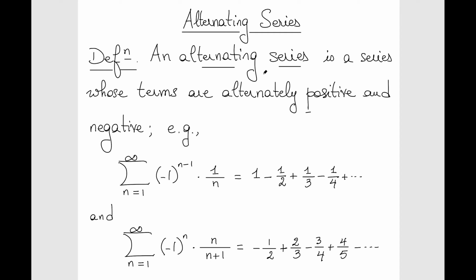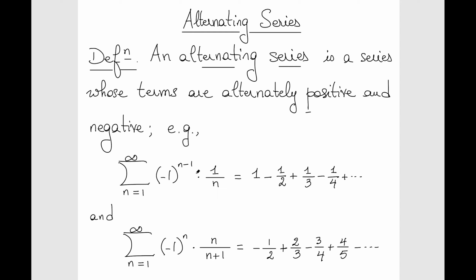An alternating series is a series whose terms are alternately positive and negative. For instance, this series that you see here, which can be written as the sum of terms that look like (-1)^(n-1) times 1/n.